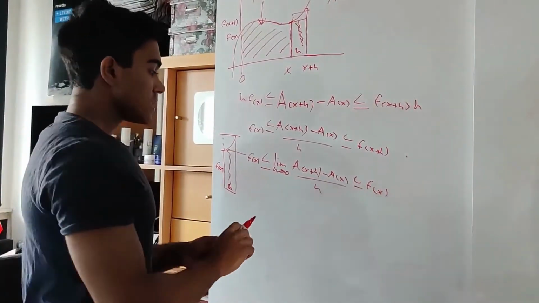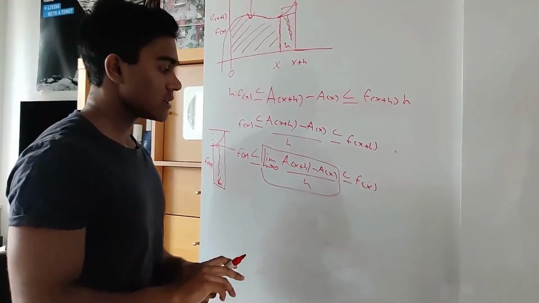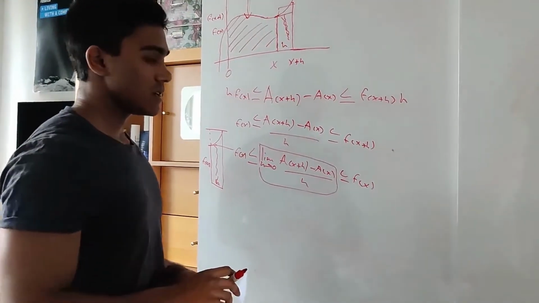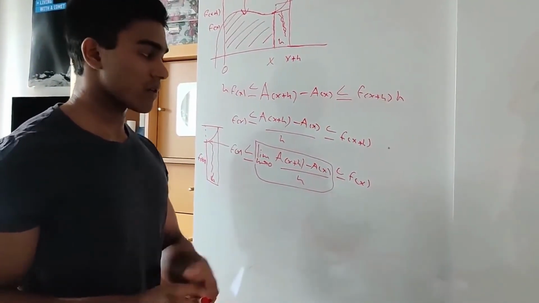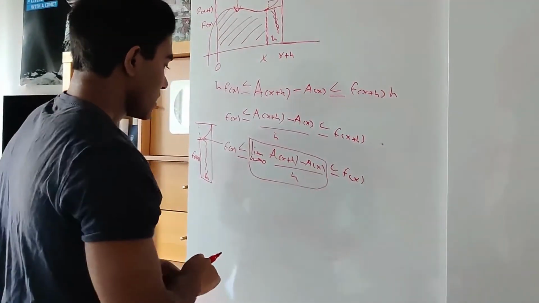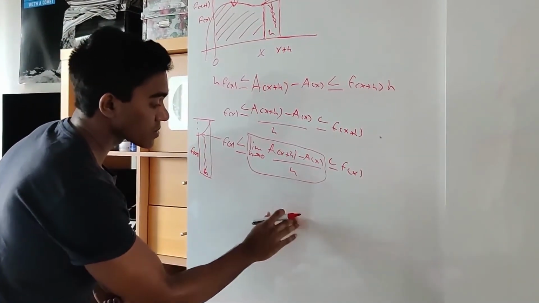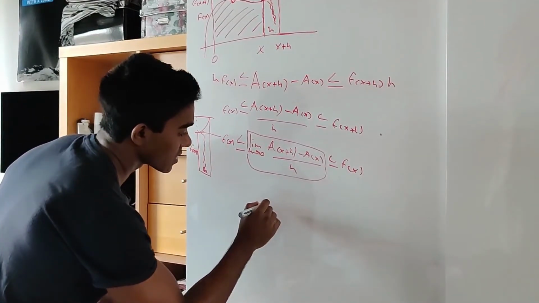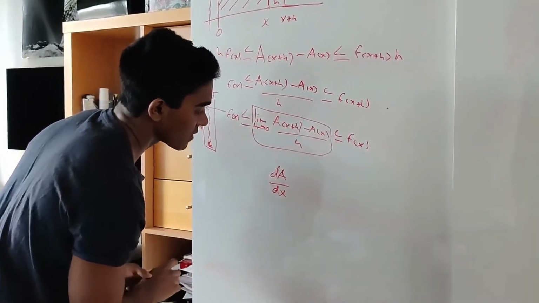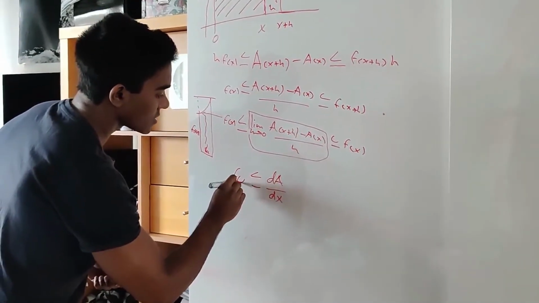Now, this part in here we know to be the first derivative of A of x, and we know this from the other part of calculus called differentiation, which I went over in the first part of my project. So because it's the first derivative of A of x, we can substitute it with the expression dA over dx, the difference in area over the difference in x value. We then write out everything else just as such.